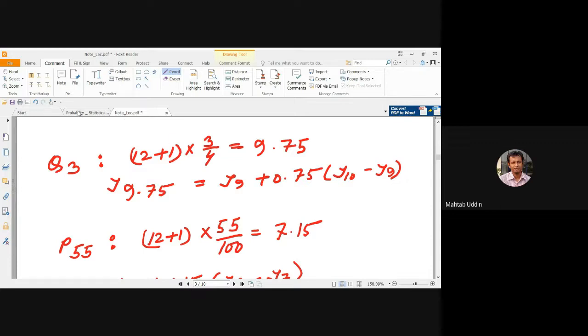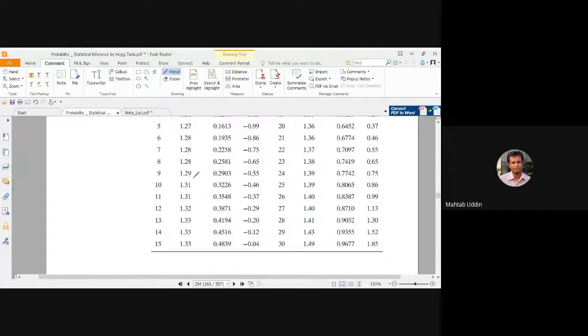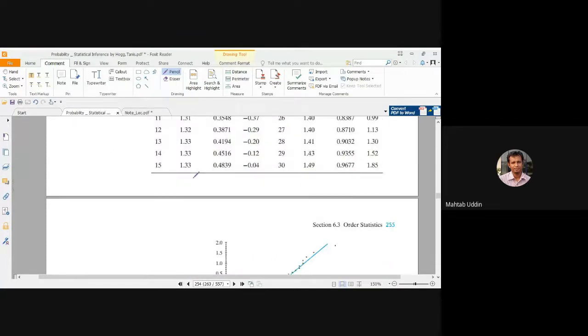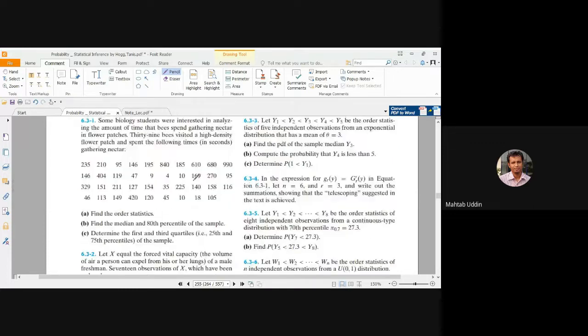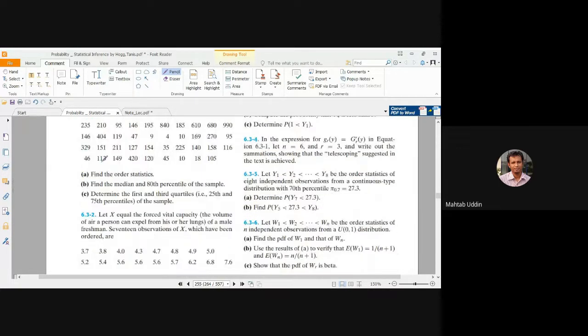Now I have shown many things. I am going to give some homework now. From here, you have to do number 1, number 2 as homework.